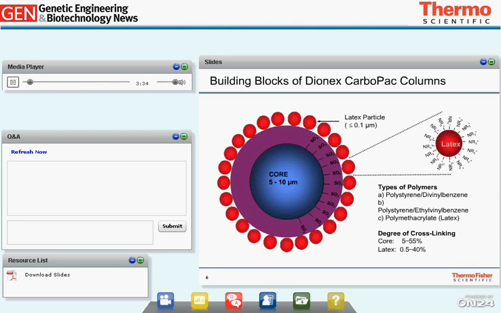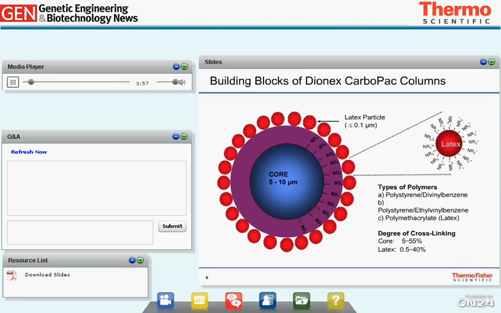Since the bead is inert, it is ideally suited for use with hydroxide eluents needed for carbohydrate separation and detection. High cross-linking imparts A, high mechanical stability for operation at high pressures, and B, excellent chemical stability for compatibility with HPLC solvents such as methanol and acetonitrile.